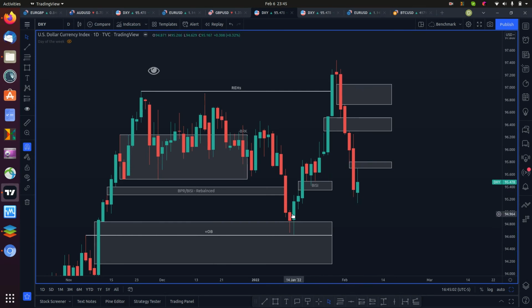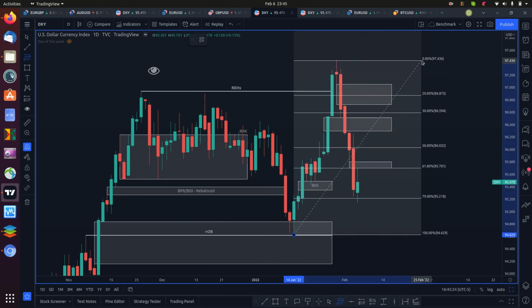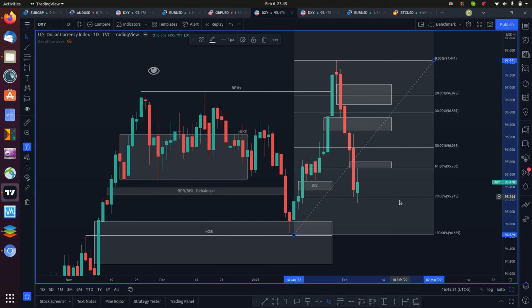It has dipped into this order block here. See these two down close candles here? It dipped into those and it was rejected. So this, coupled with that, when you place your fib right here and draw it out like this, you can see that we are at discount because we are now below the 50% mark.